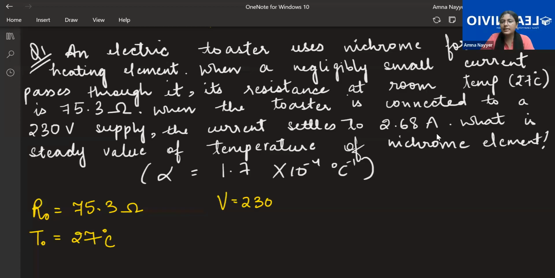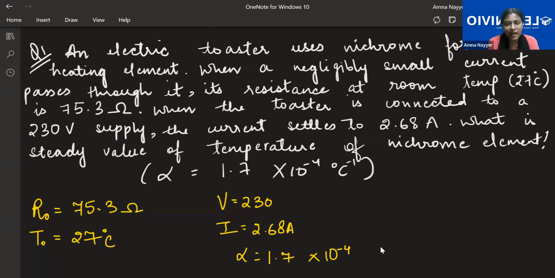The current settles to 2.68 amperes. Here the value of current is 2.68 amperes. And apart from this, it says alpha, which is the temperature coefficient of resistance, is 1.7 into 10 to the power minus 4 per degree Celsius.